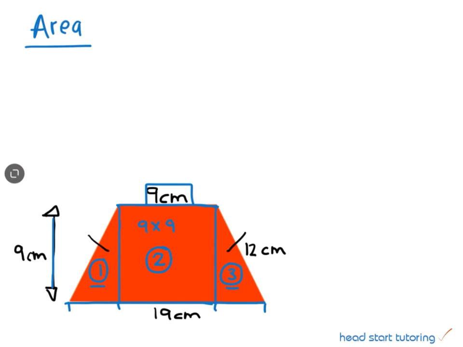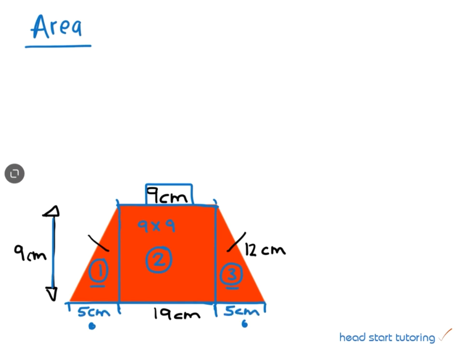So that is our entire base is 19 centimeters for our trapezium. So if that entire length is 19, and we've got 9 centimeters from there to there, then the rest of our base has to add up to 10. And because we know that this space here and this space here are equal to each other, we say 10 divided by 2, which will give us 5 centimeters there and 5 centimeters there.